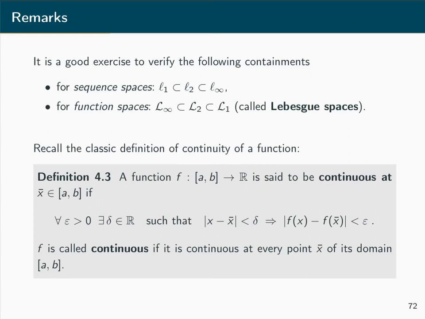What's important here is that for any epsilon, I must be able to choose a delta, which may depend on epsilon, such that these conditions here are satisfied. So this is what it means for a function to be continuous at a certain point in the domain. Now, if we say that f is a continuous function, then what this means is that f is continuous at every point x bar of its domain.